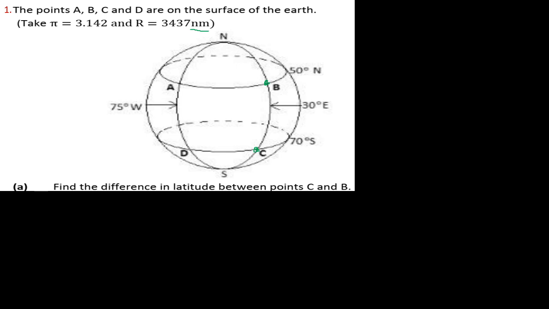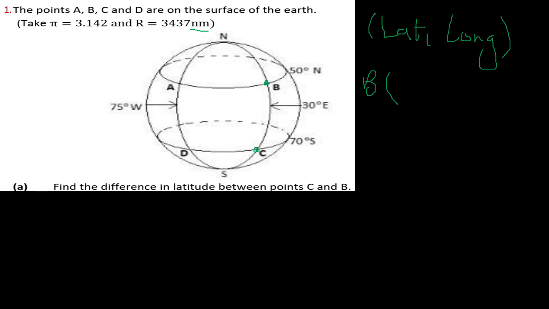Okay, so now to find the difference in latitude between point C and B, let us first of all find the coordinates of point C and B. One thing you should know is that the coordinates are always latitude, comma, longitude. So to find the coordinate for point B, point B lies on 50 degrees latitude.